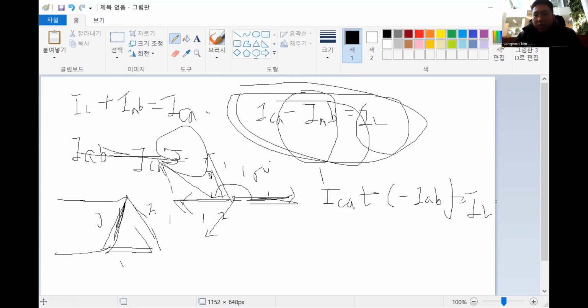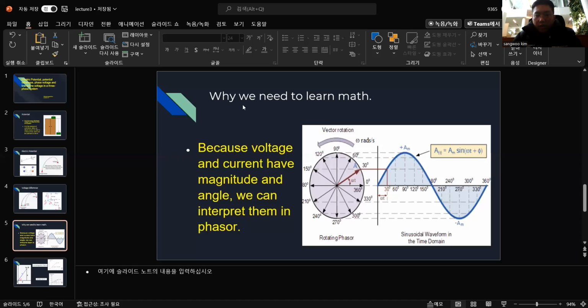Okay, guys, let's go back to the main point. We're almost done. Don't worry about it. So look at that. Why do we need to learn math? Because, as I said, there are only two things we need to calculate and control: voltage and current. Power also includes voltage and current.